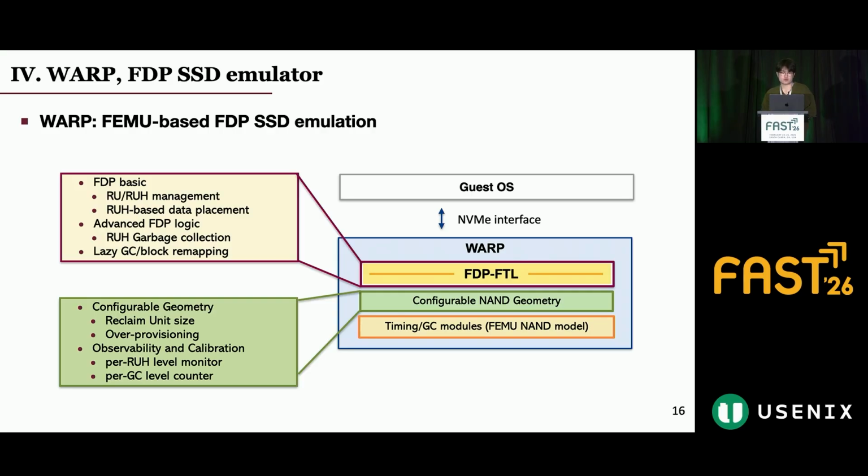You can tune parameters like reclaim unit size and over-provisioning ratio to match different device configurations. On the observability side, we provide per-RUH level monitoring, which is really helpful for this project, and per-GC level counters, giving us fine-grained visibility so we can truly understand how FDP behaves under different workloads.